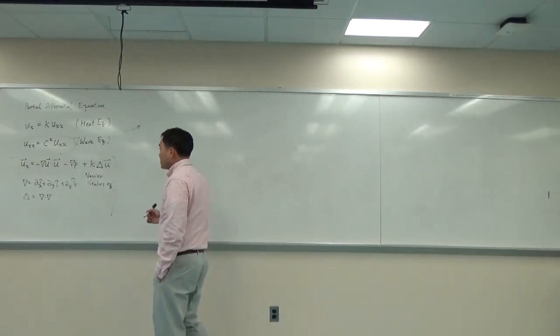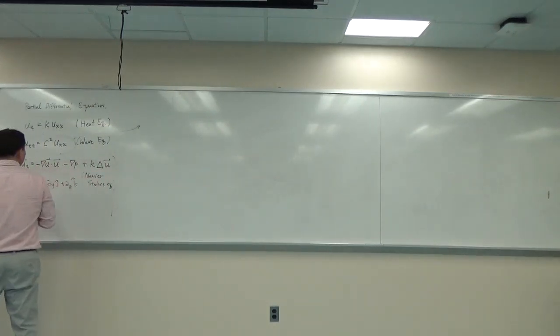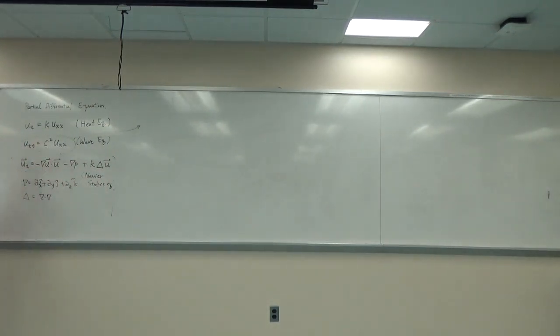Usually, these differential equations come with some additional boundary conditions and initial values. I'm just going to assume that this is for all x from negative infinity to infinity, and for all time t beginning from 0.